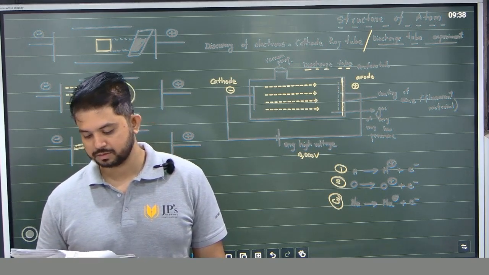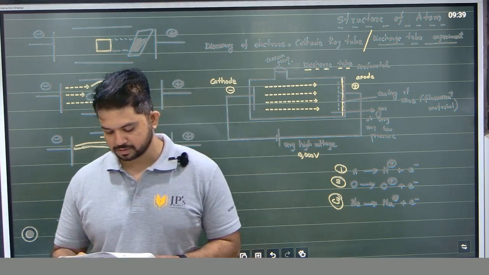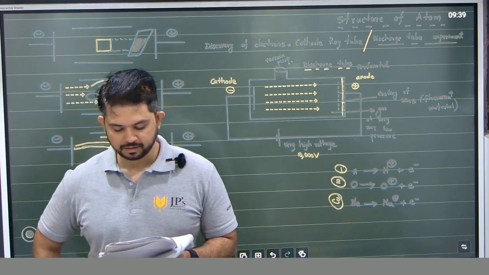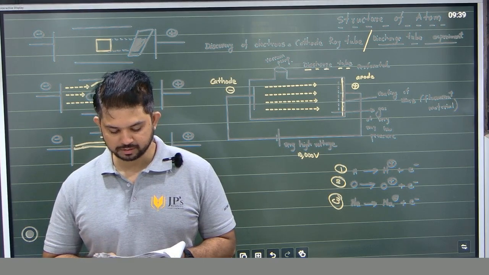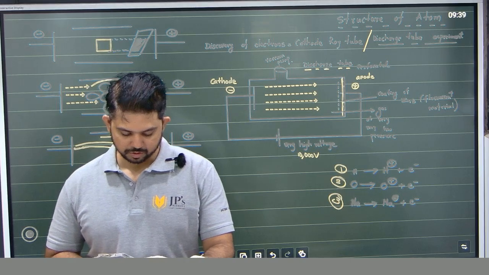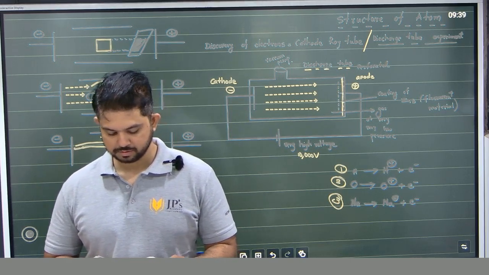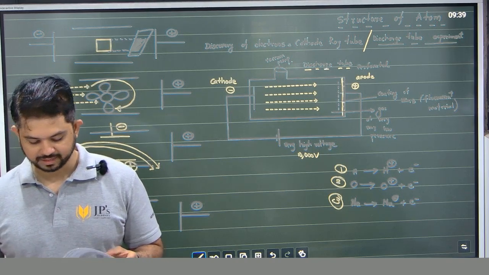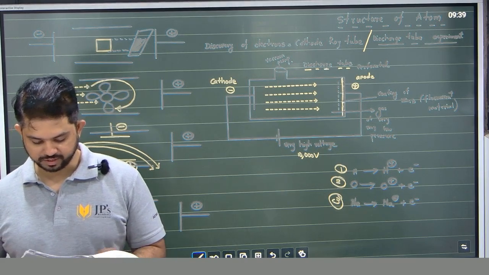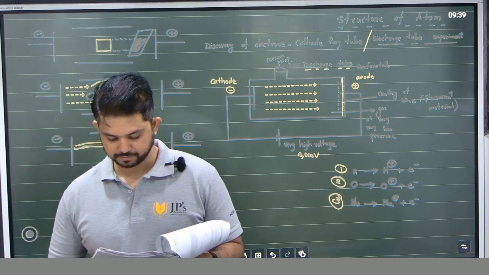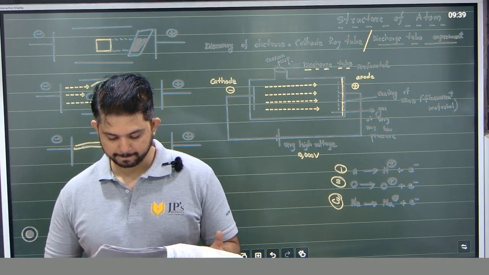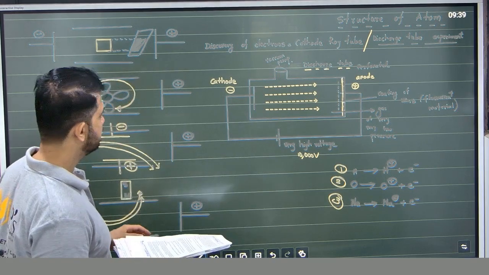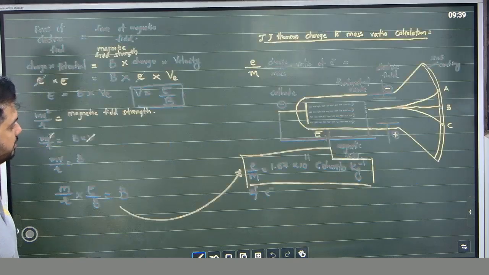Next point. By carrying out accurate measurements, Thomson was able to calculate the charge to mass ratio, which is... I want you to copy this, people.